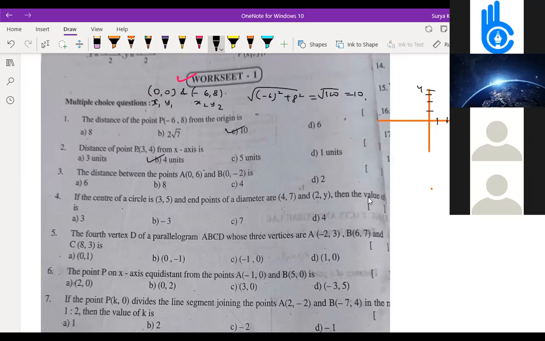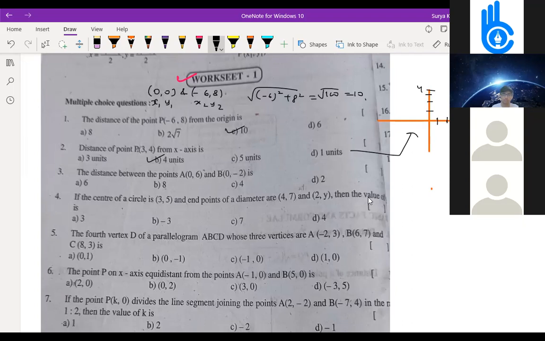So this is the point 3, 4. It is from the x-axis. What is the distance of this point from the x-axis? It's 4 units. It's clear. This is the answer for this.